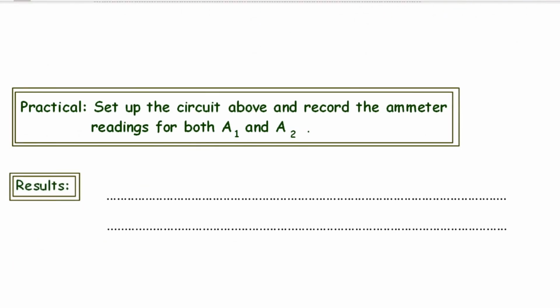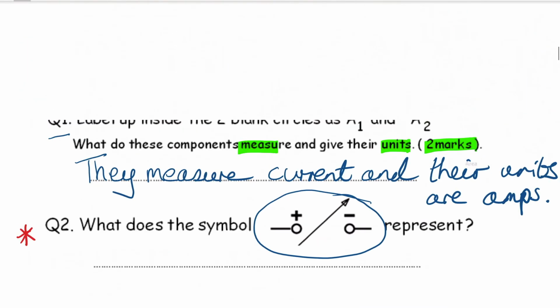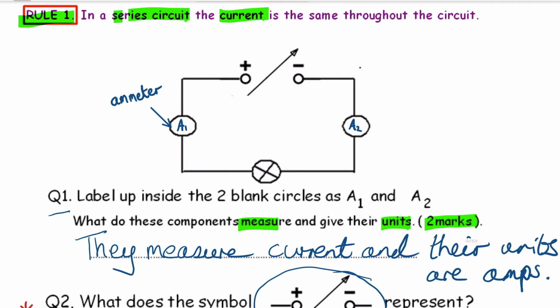Set up the circuit above and record the ammeter readings for both A1 and A2. Let's just add in the ammeter readings. So we'll add in 0.1 amps, 0.1 amps.